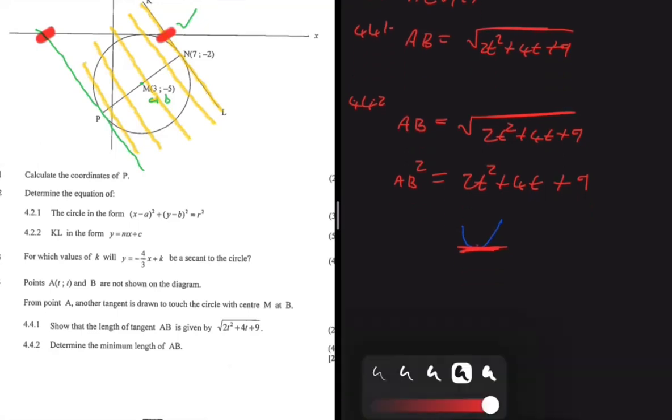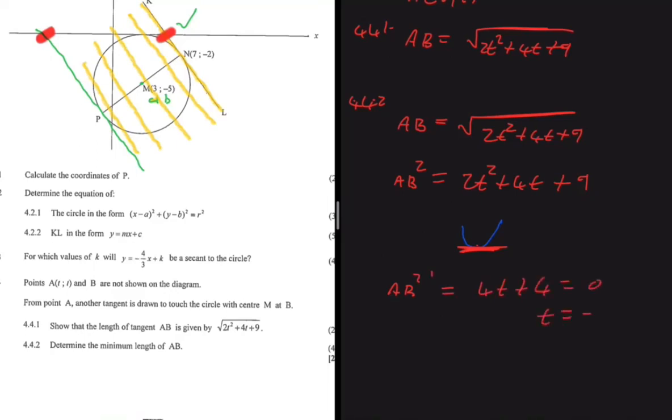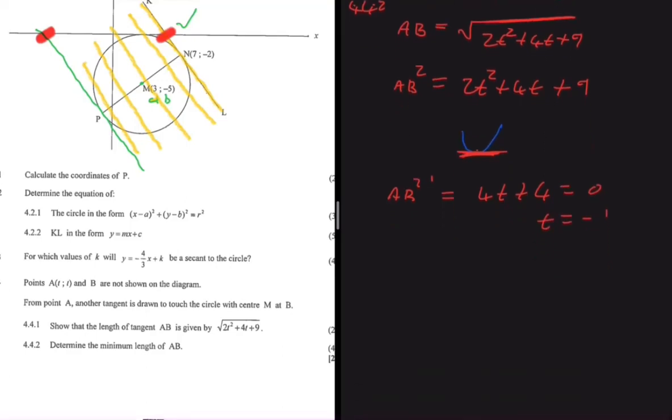So if we do that, for AB squared, we're finding the derivative of 2t squared plus 4t plus 9, and we get 4t plus 4 equal to 0. So t here should be equal to minus 1. Let me show you something.